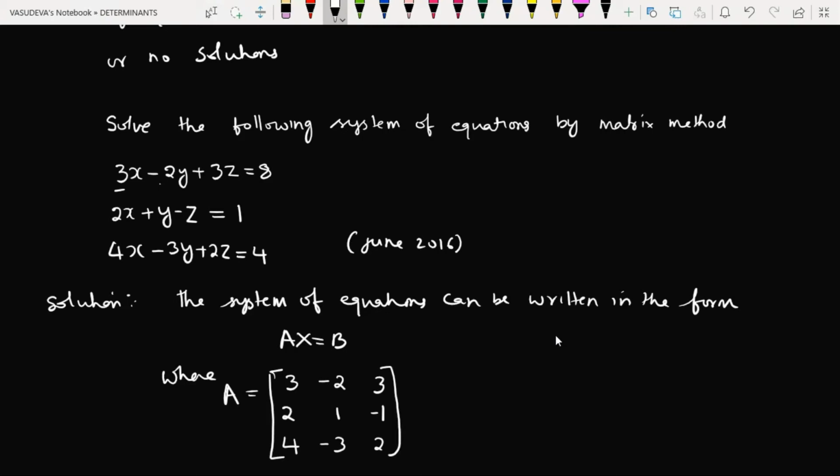Taking the matrix of unknowns as x, y, z, and the matrix of constants as b, the constants given in the equations are 8, 1, 4.